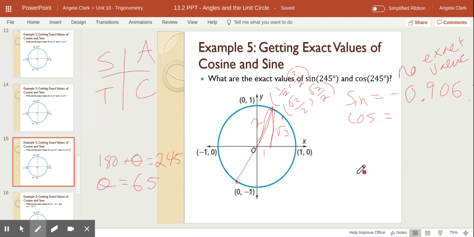And then for cosine, again, the cosine is also going to be negative because, again, tangent is the only thing that's positive in this quadrant. 0.423. So your calculator tells you that this is negative, but if you are in fact finding an exact value, it's not going to tell you.